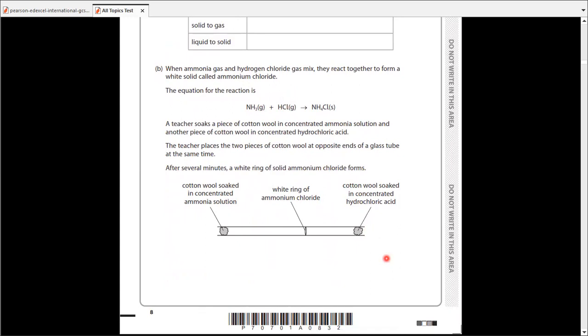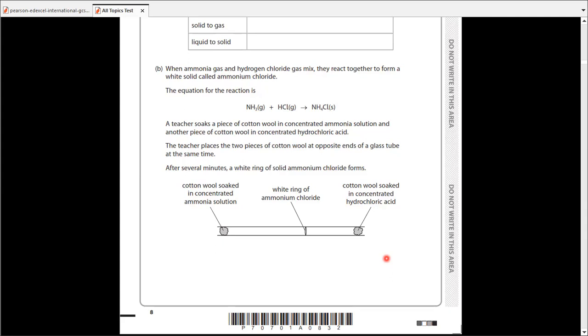Okay, the next question. When ammonia gas and hydrogen chloride gas mix, they react together to form a white solid called ammonium chloride. The equation for the reaction is NH3 gas plus HCl gas gives NH4Cl, ammonium chloride.